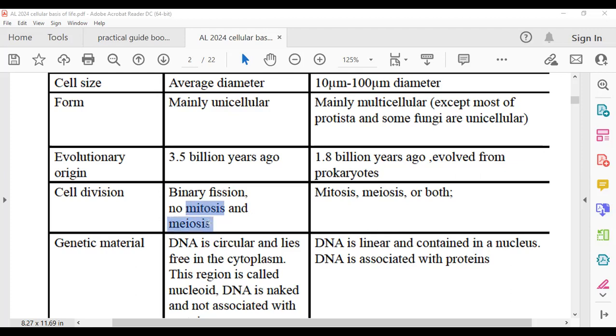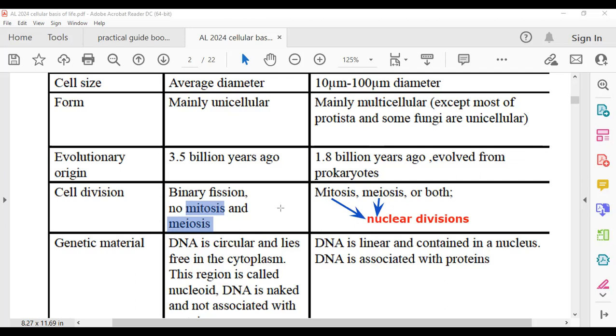These words are in your O level cell divisions, right? In your A level, these are actually nuclear divisions. Mitosis is a nuclear division, the nucleus dividing. Meiosis is also a nuclear division.